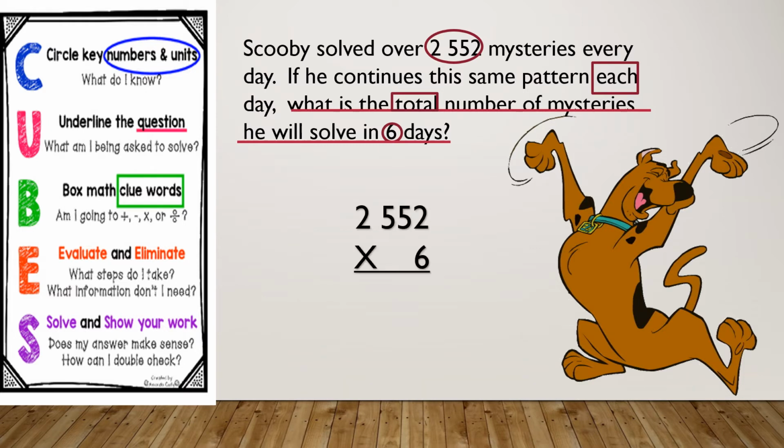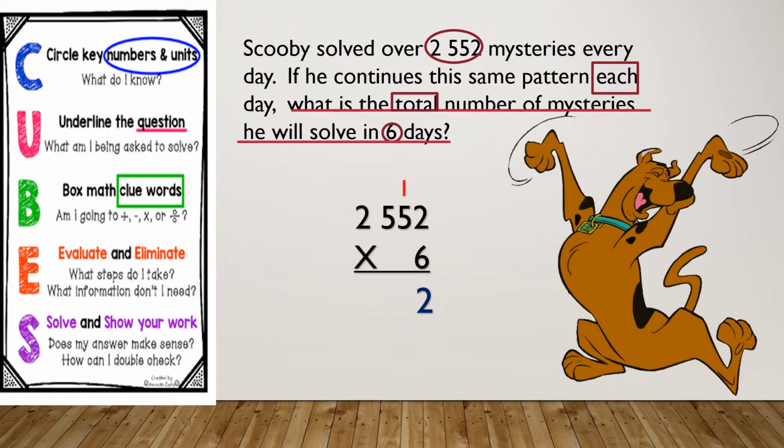2,552 multiplied by 6. We begin by multiplying the ones. So we multiply 6 times 2. 6 times 2 gives us 12. And so we regroup 12 ones as 1 ten and 2 ones. So we put the 2 under the ones and the 1 over the tens.